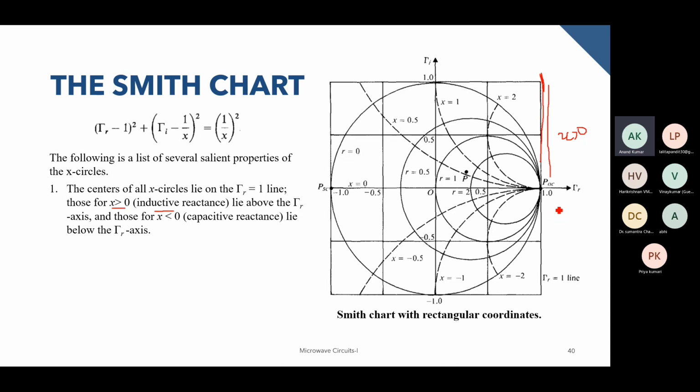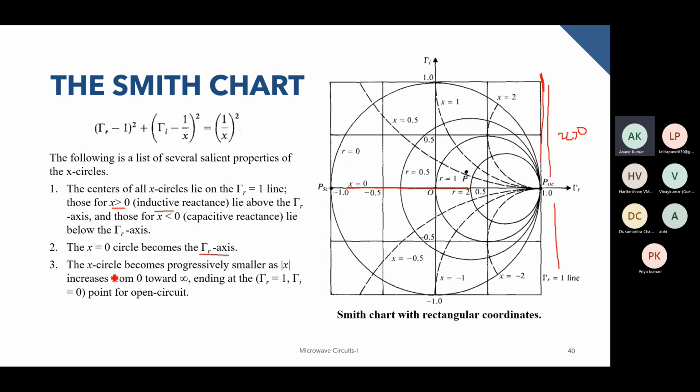And for X less than 0, all the circles will lie below this particular line. For X equal to 0, the circle becomes the gamma r axis, as I already stated, this particular line.